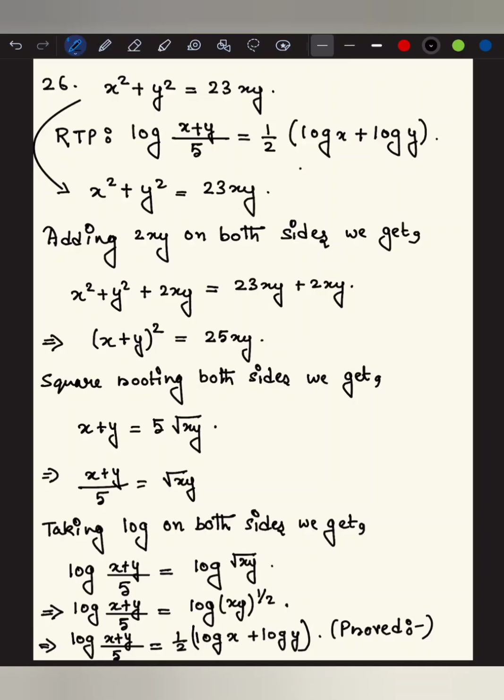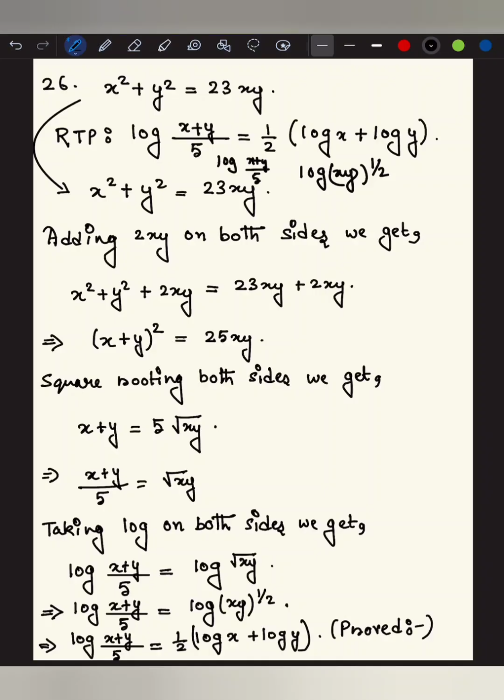That means log x plus log y means log xy, and this half means the whole to the power half. And here, log of (x plus y) by 5, let's keep it as it is.